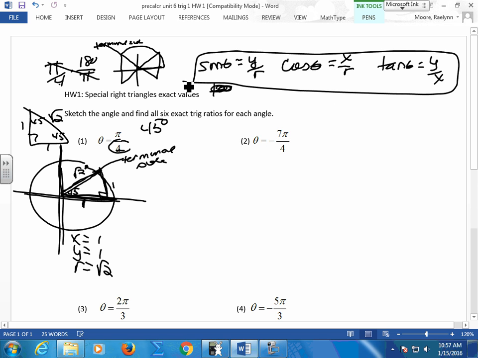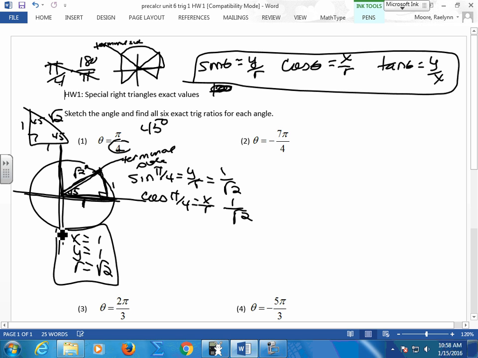So now, I say the sine of pi over 4 is y over r. I come here, I say 1 over radical 2. The nice part, no rationalizing. My cosine of pi over 4 is x over r. I just take it right off of what I call my information box.